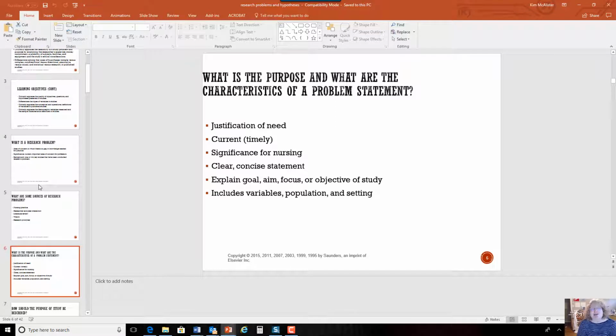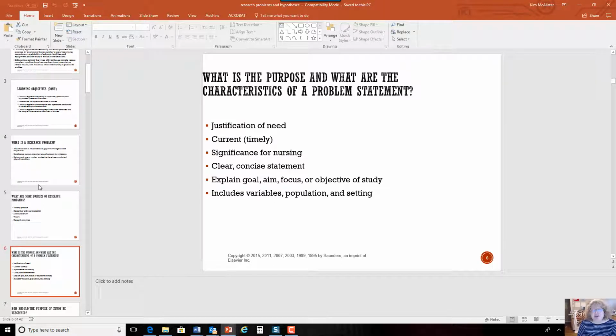And we do that by using the PICO process, and we'll go over that a little bit later. It needs to explain what the goal is. We're doing this because the nature of the problem is this, and we're going to use the results in order to. So you need this type of information.